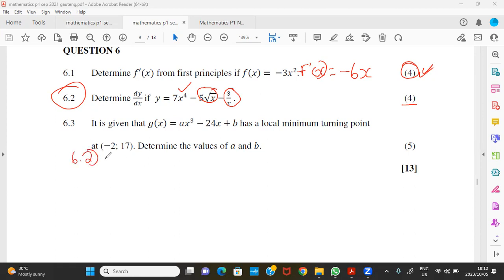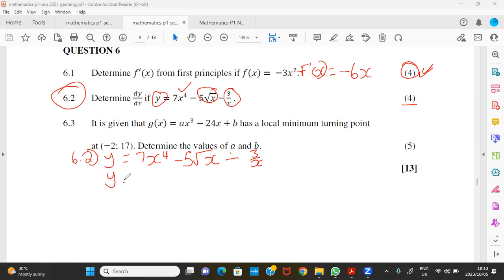So we are going to say 6.2, y is equal to 7x to the power of 4 minus 5 root x minus 3 over x. So as I said, I'm still keeping the y, né?